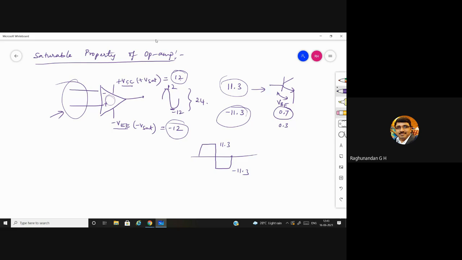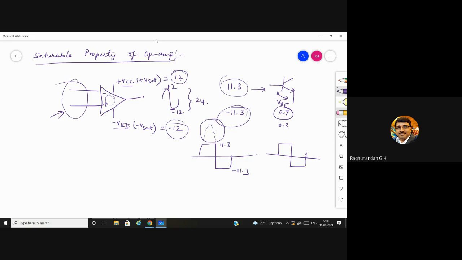So finally it will become a square wave like this, because when you keep on increasing the input, the extra signal will be getting clipped off and removed. The extra voltage above 11.3 keeps getting removed. That's why finally you will be getting this square wave.